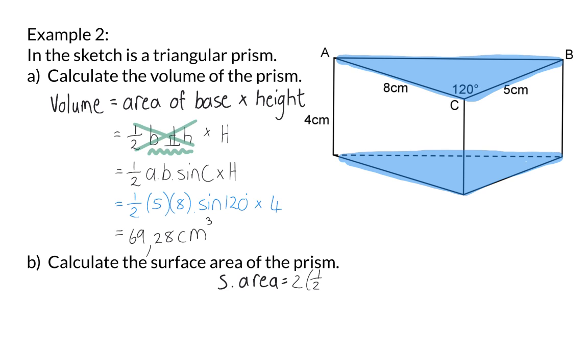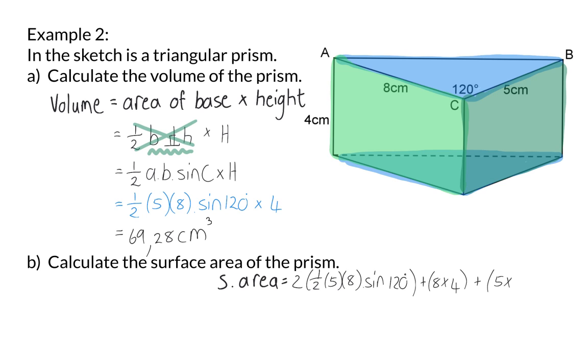So we will have 2 times this rule, which is a half, multiplied by A, multiplied by B, multiplied with sin of angle C. For the rectangle on the front left-hand side, we simply have length times breadth, and the same goes for the rectangle on the front right-hand side. Once again, length times breadth. For the triangle at the back, we have the breadth of 4, but we still need to calculate the length.